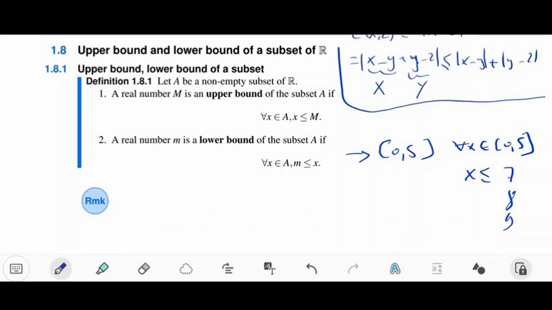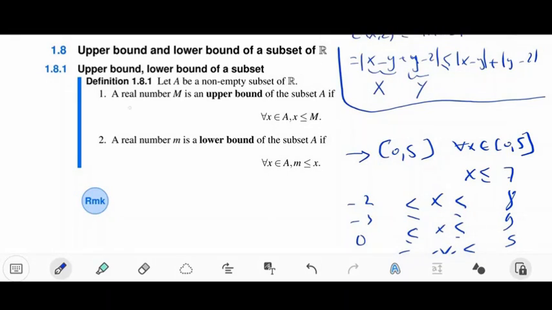And also we'll define the lower bounds. Lower bounds are elements that are less or equal than any other element in the subset. Let's say, for example, -2 is a lower bound, -3 is a lower bound, 0 is a lower bound, and 5 from the other side is an upper bound. So x is between these two numbers, whatever x is inside the set.